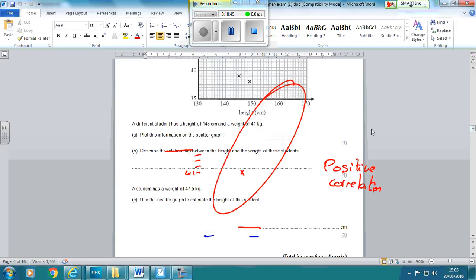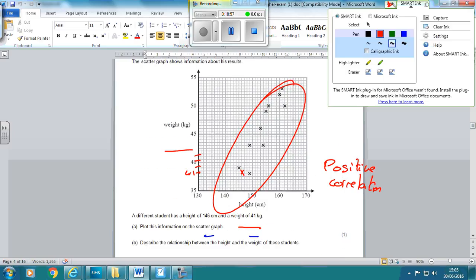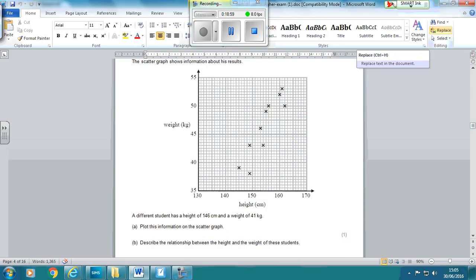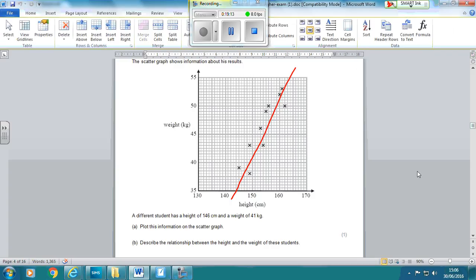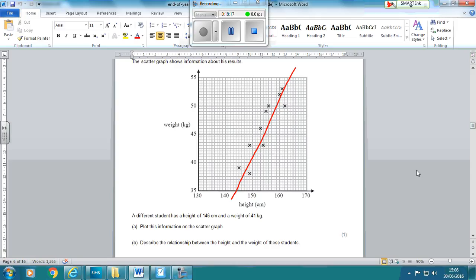And then we've got a student who has a weight of 47.5. We've got to estimate the height of the student. So whenever we have a scatter diagram, I would always do a line of best fit. I'll do it with a ruler, but the ruler doesn't tend to work that well on here. Let's give that a better go. So yeah, about right. And it says, going back, weight of 47.5.